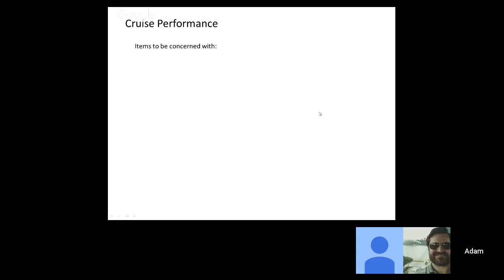Okay, so that's climb. After climb, we obviously cruise. Cruise is actually, for your typical flight, something you probably won't do a lot of performance calculations for. It's a very predictable phase of flight.